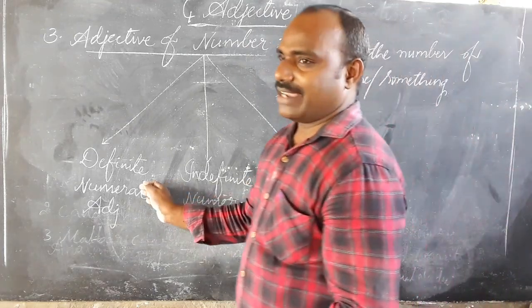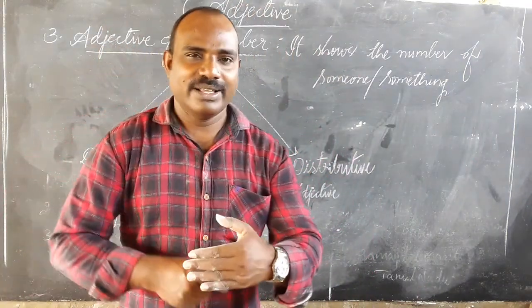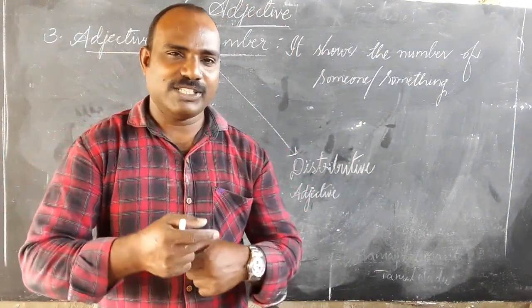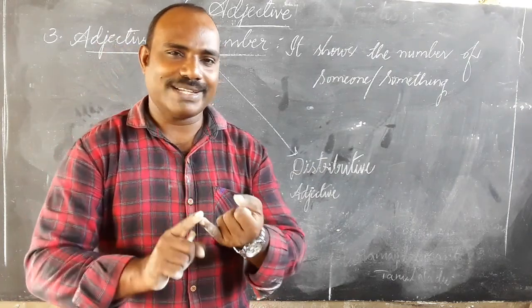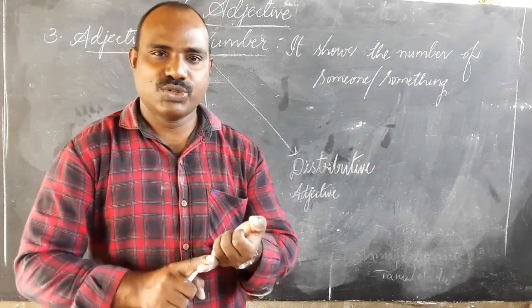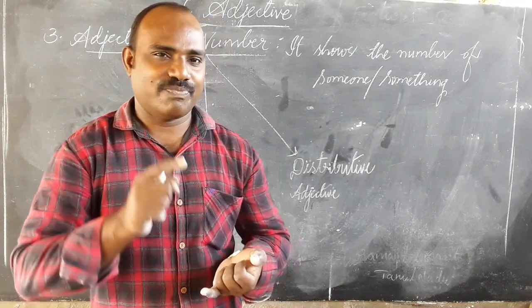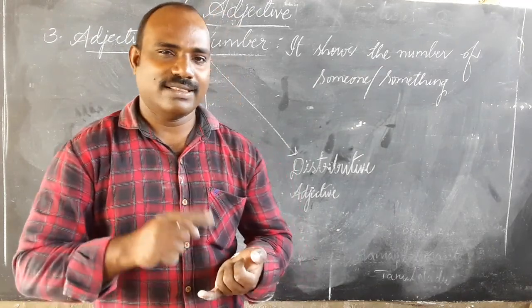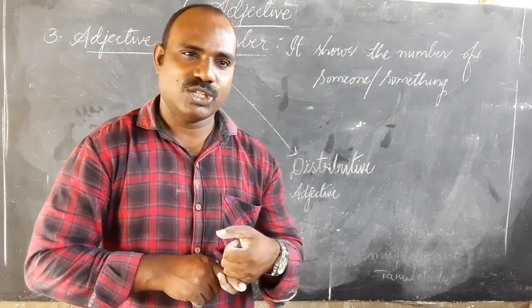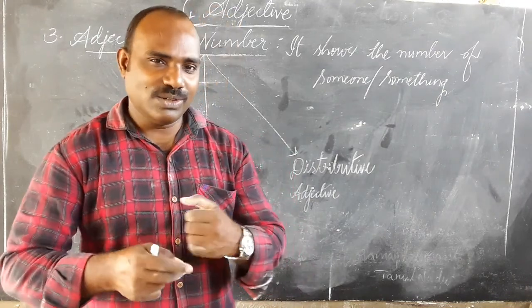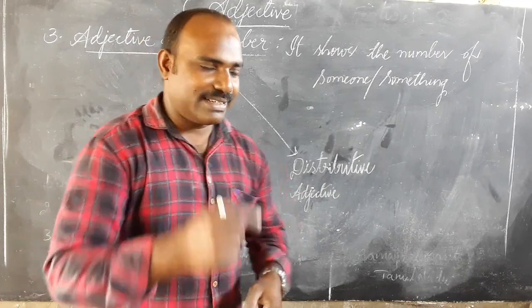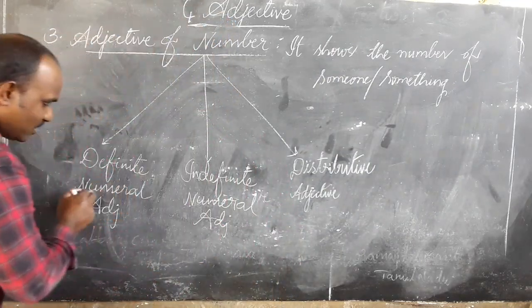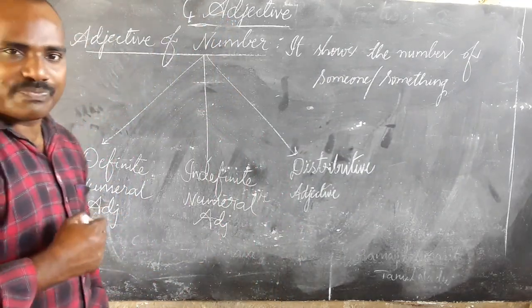See, definite, indefinite. Definite means here when a word specifies a certain number, or when a word shows a particular number like 1, 2, first, second, 100, 200, 1000, 66th, 20th, 25th. When a word shows a particular or specific number, that can be a definite numeral adjective.